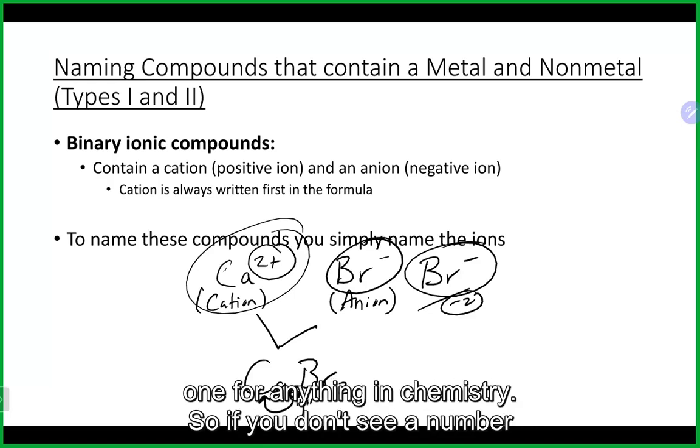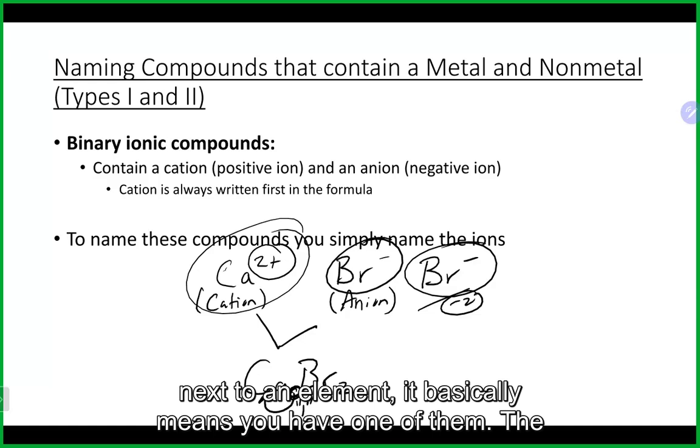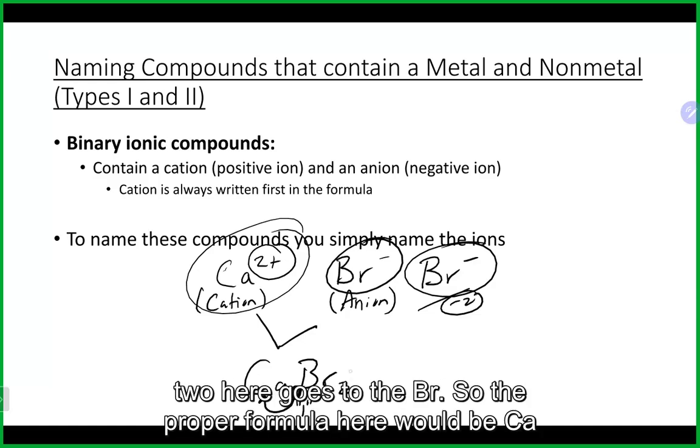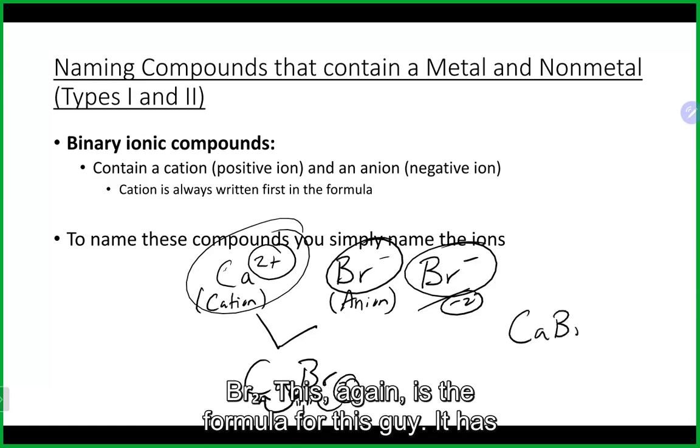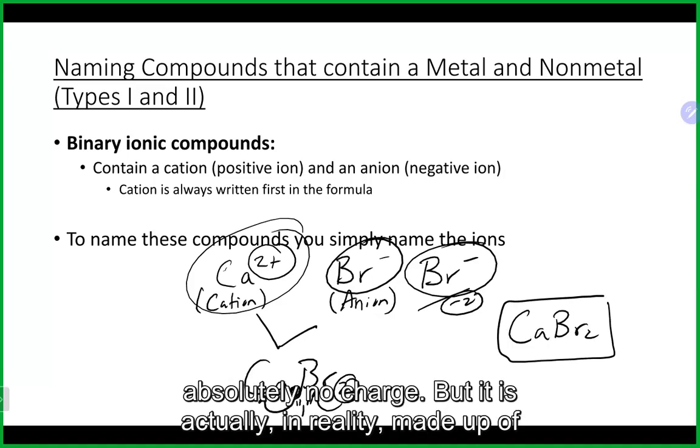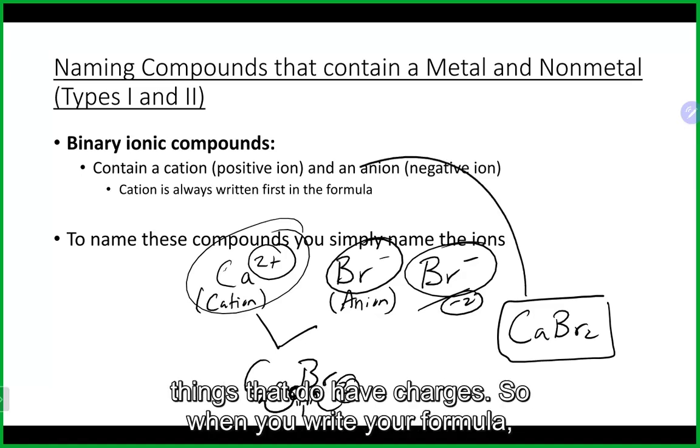So if you don't see a number next to an element, it means you have 1 of them. The 2 here goes to the Br. So the proper formula is CaBr2. This is the formula for this compound. It has absolutely no charge, but it is in reality made up of things that do have charges.